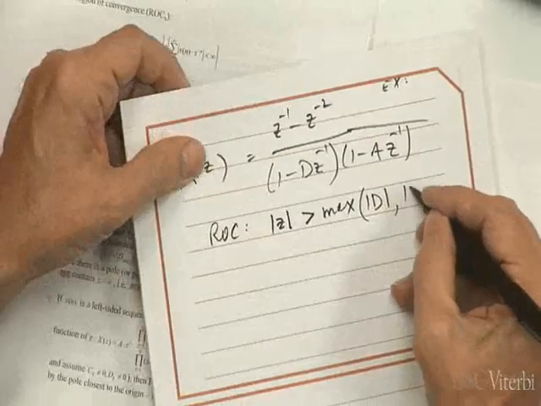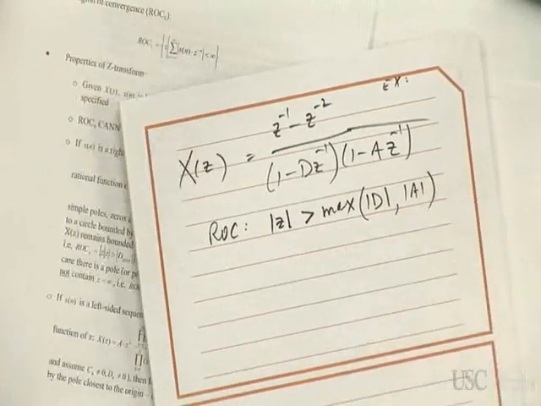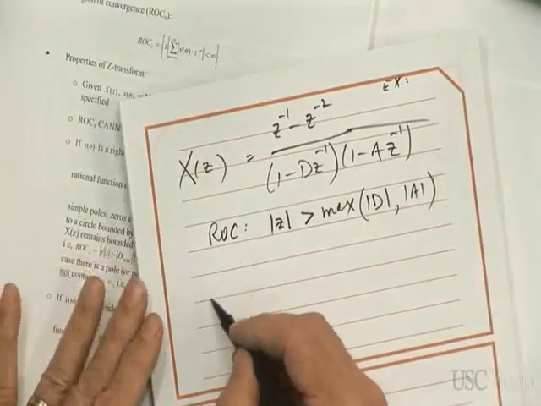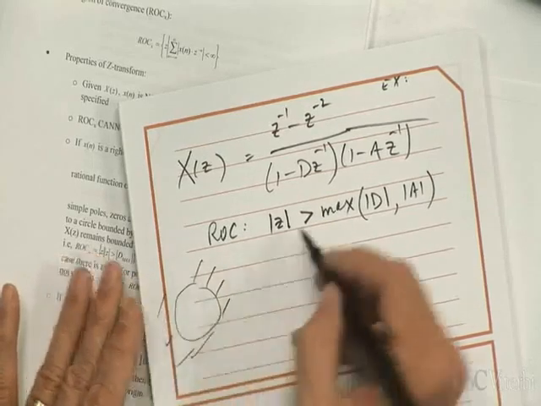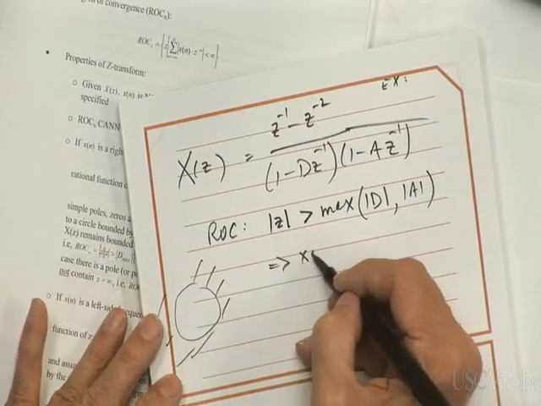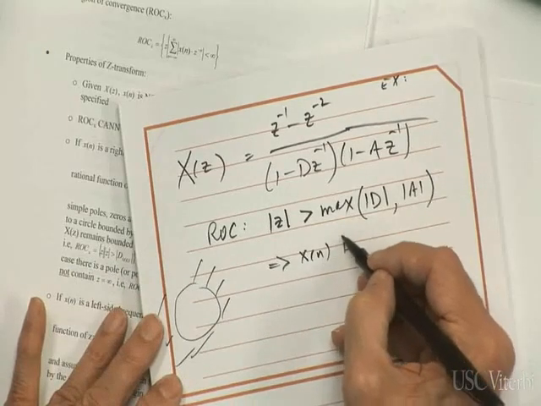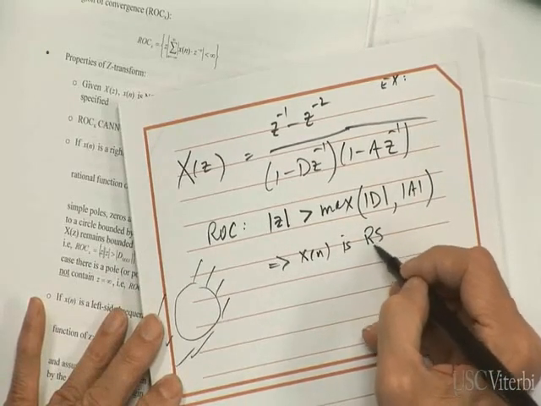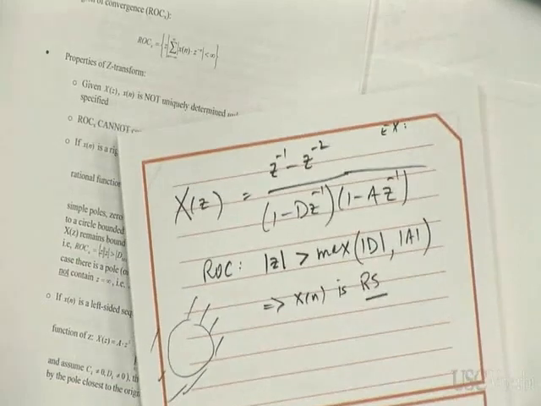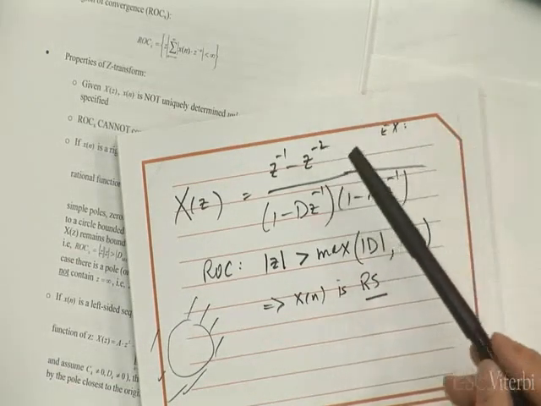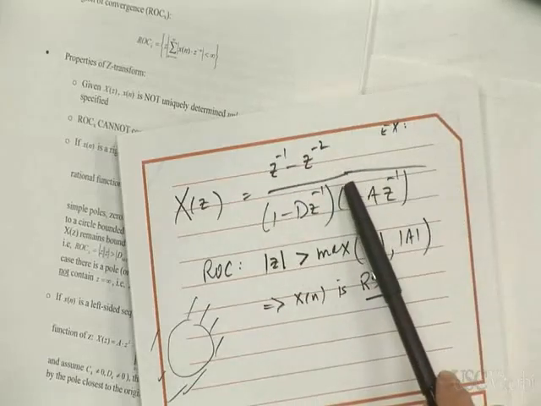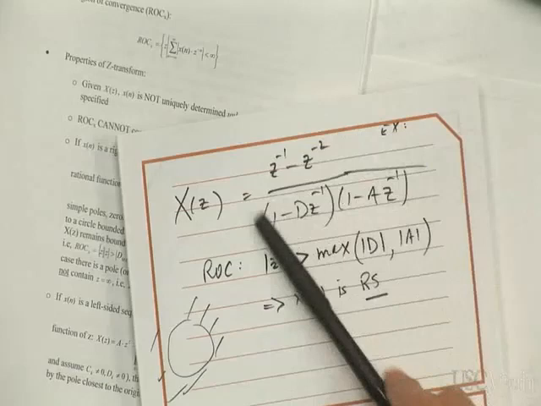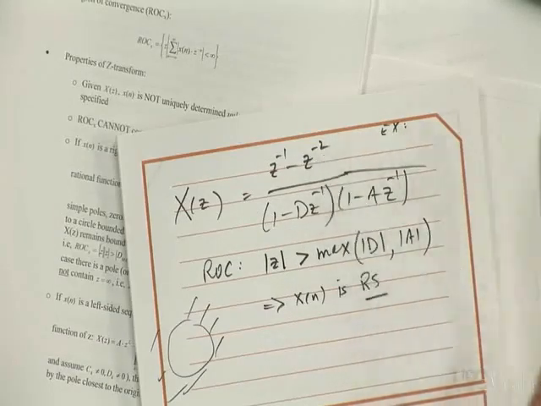So here we have a case where the region of convergence is exterior to a circle, which implies that x of n is right-sided. Furthermore, if I expand this X of z in a power expansion, it only involves inverse powers of z.